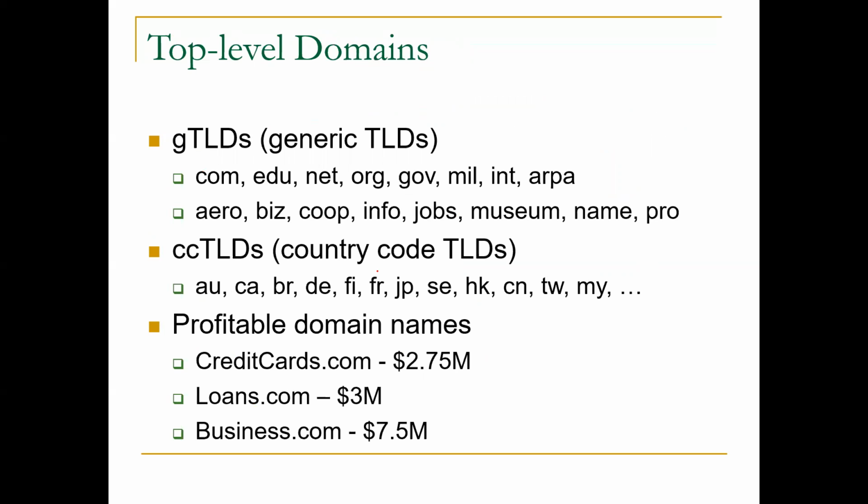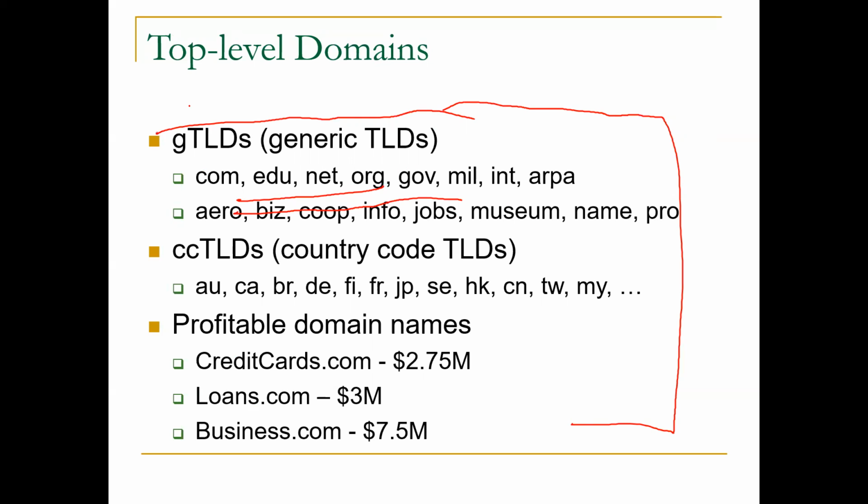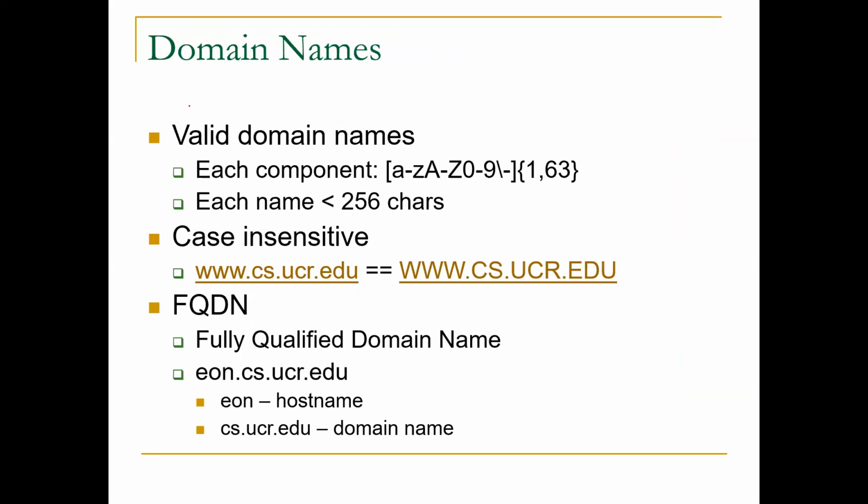We have already talked about top level domains, TLD, which can be .com, .edu, .net, .org, everything. I will not go into detail on that. You don't need to memorize it; you just need to know how DNS traffic flows, which I showed in the previous video. A domain name can be something like www.cs.ucr.edu, and it is case insensitive.